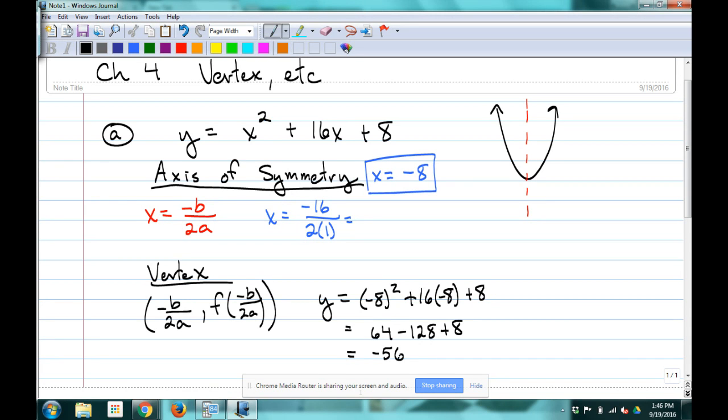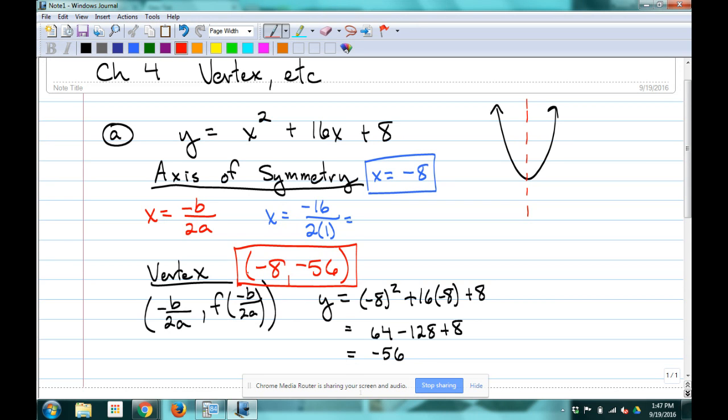Is that right? All right, good. So our vertex is this ordered pair, negative 8, negative 56.